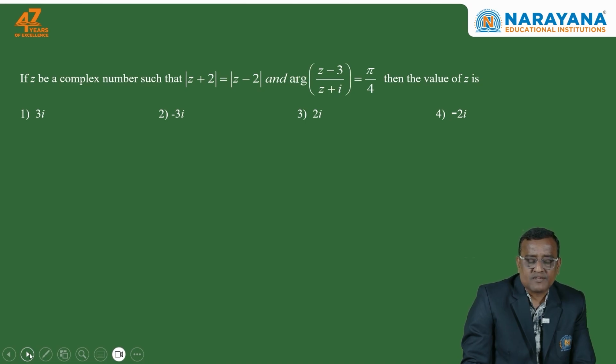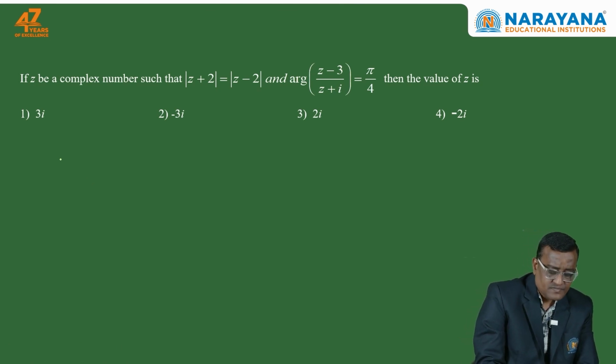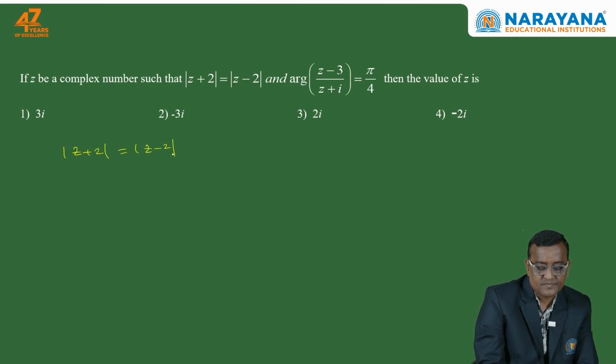You can do this by verification, just substituting the options in the given conditions, or you can do it directly. Here it is given that mod of z plus 2 is equal to mod of z minus 2.